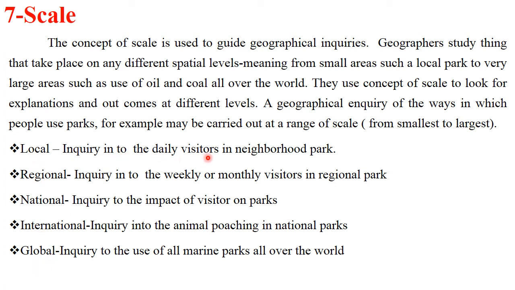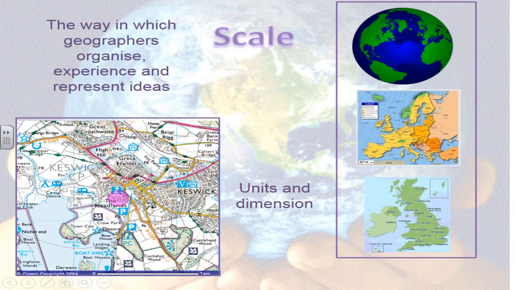Inquiry into the daily visitors in a neighboring park, inquiry into the weekly or monthly visitors, inquiry into the impact of visitors on the park, into animal poaching in national parks, inquiry into the use of all marine parks all over the world. The way in which geographers organize, experience and present ideas: scale, units and dimensions.